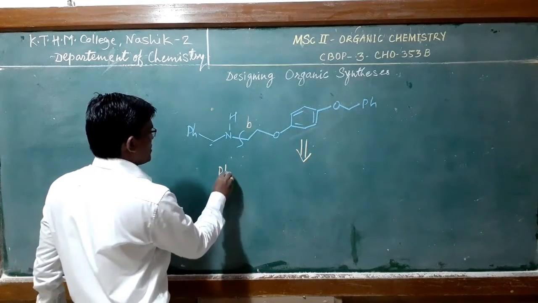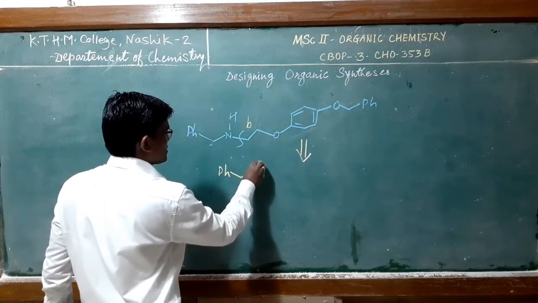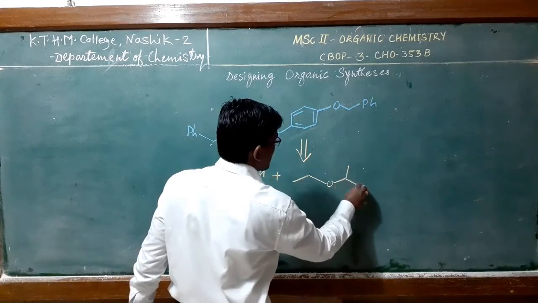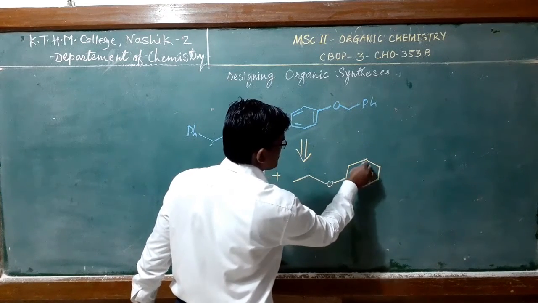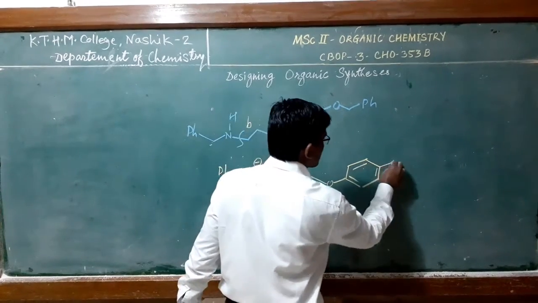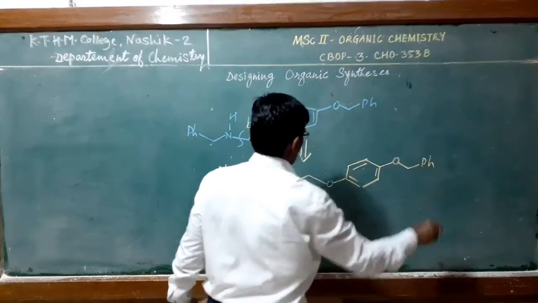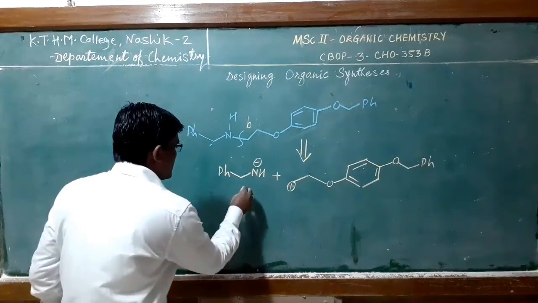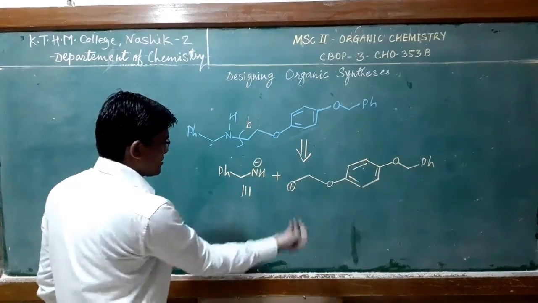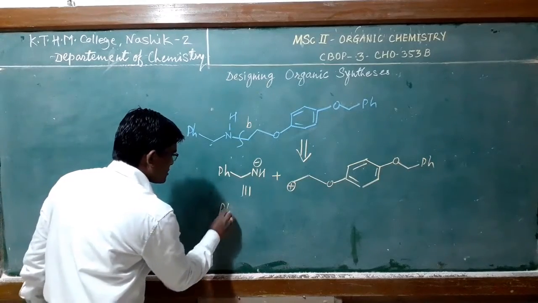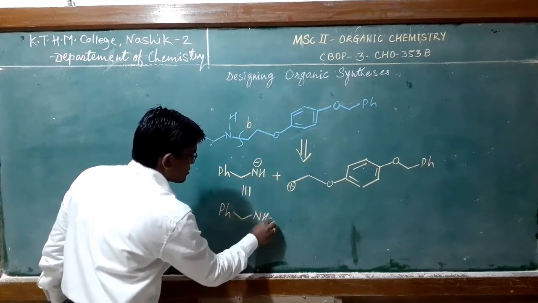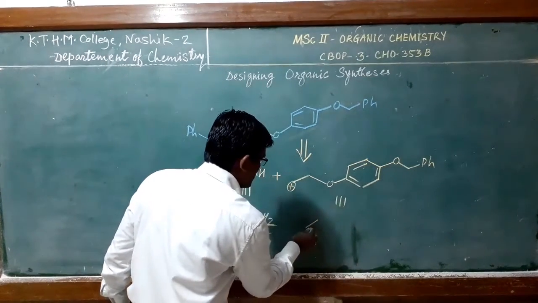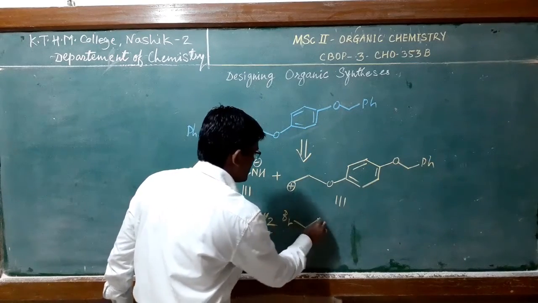Okay. One was this NH negative, and the second will have a positive charge. Okay. So these fragments can be transformed into real reagents. So this will be amine, benzyl amine, and this will have, so you can add bromide over here.